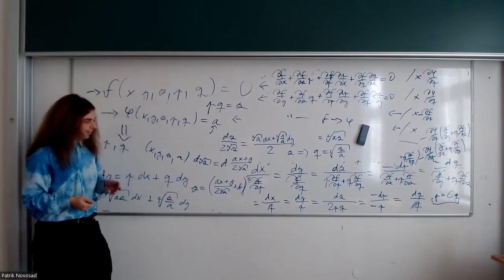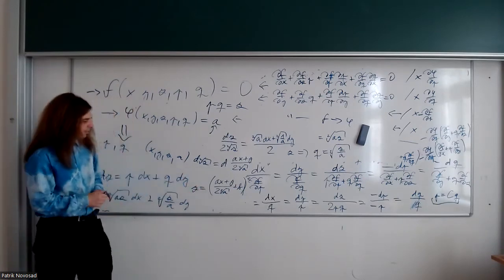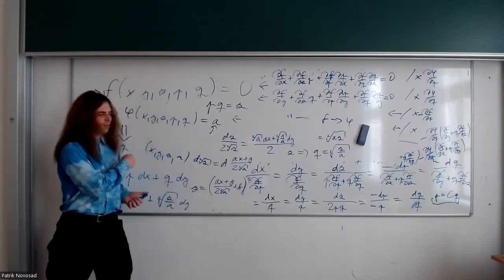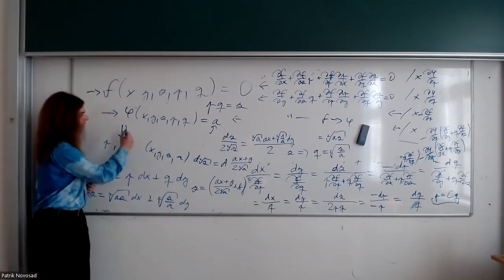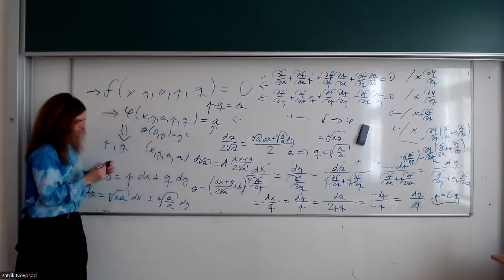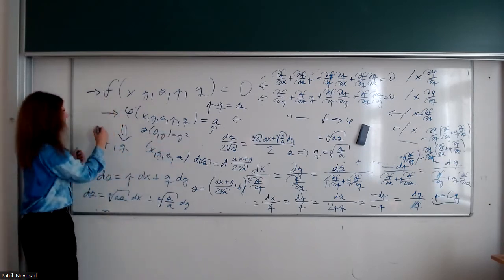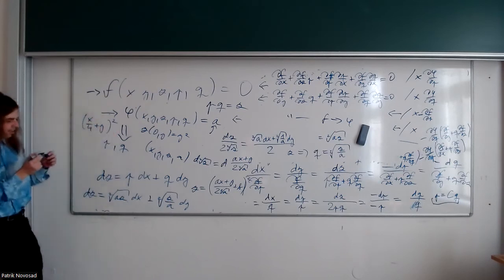And if you have a careful look at it, it actually can generate the solution that we were looking for before, that corresponded to this initial condition, because the solution was something like x over 4 plus y squared.